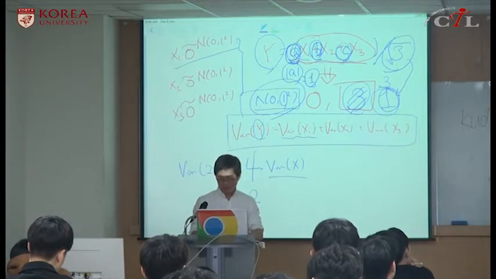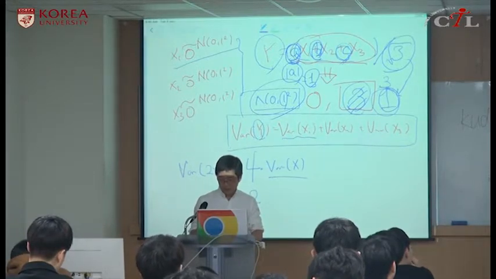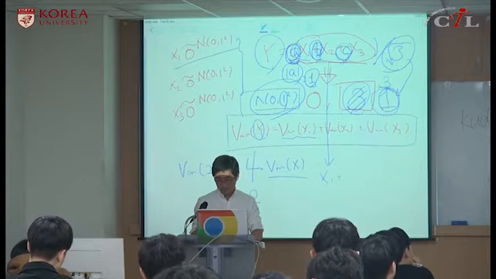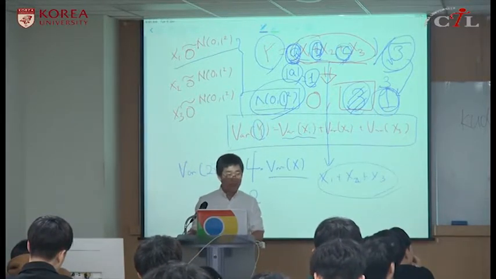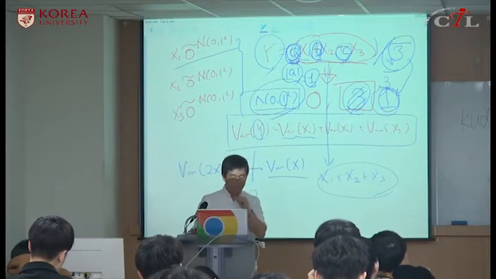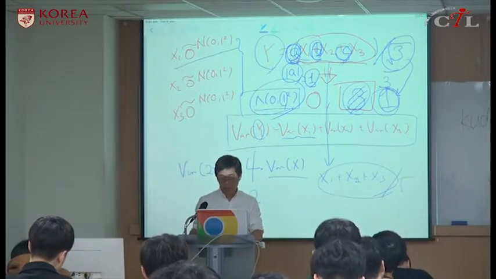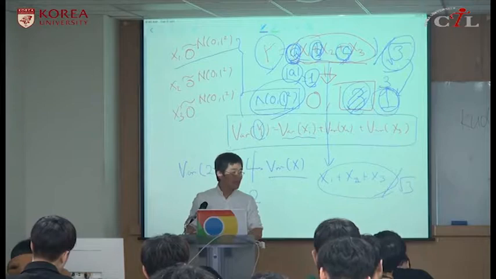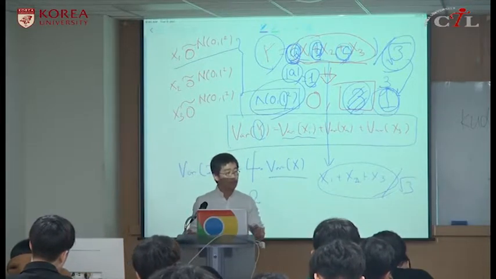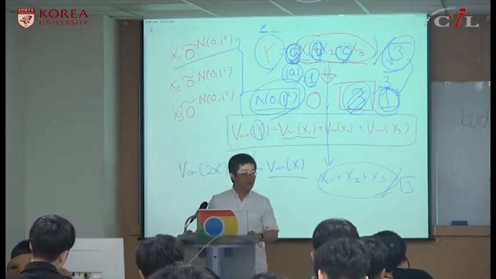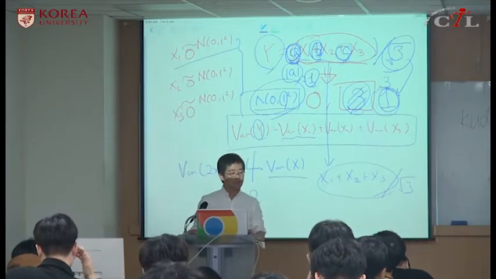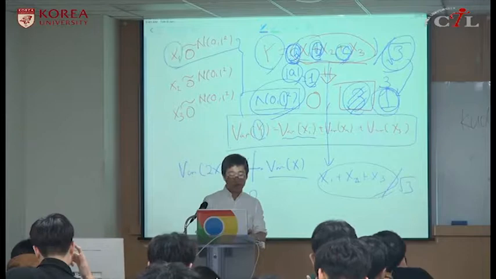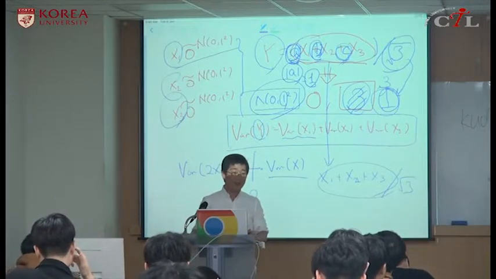In that case, the simple scenario will be just the same as this case, and when dividing this random variable by the square root of 3, the resulting random variable will have the same variance or standard deviation as each of our input nodes, okay.